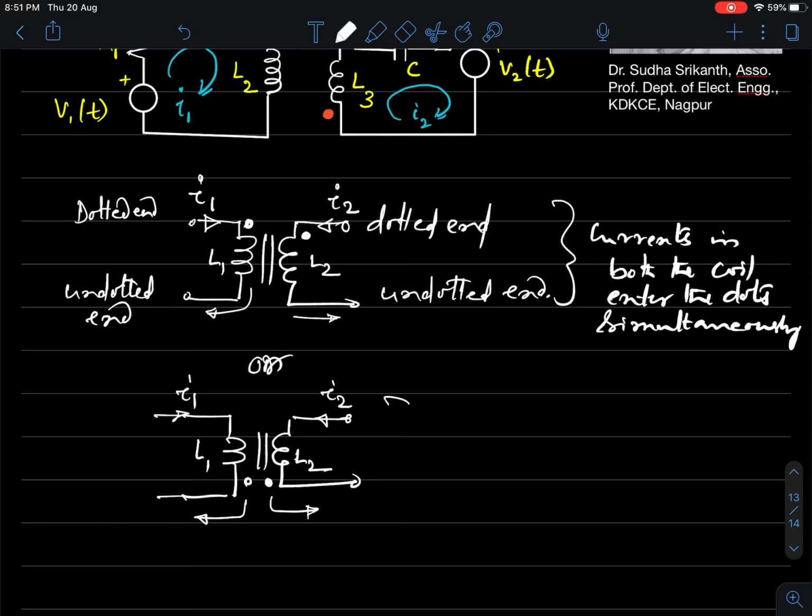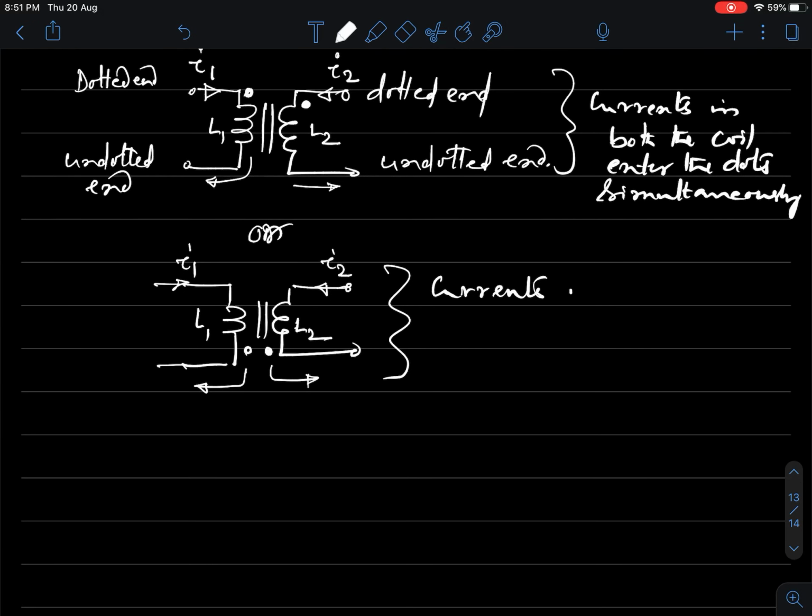In this case, currents in both the coils leave the dot simultaneously.